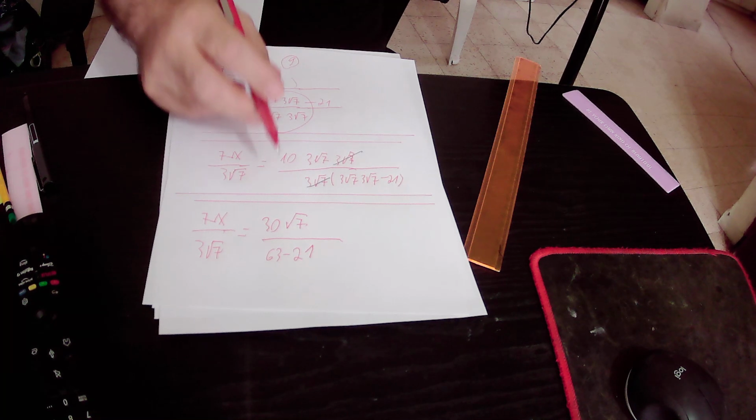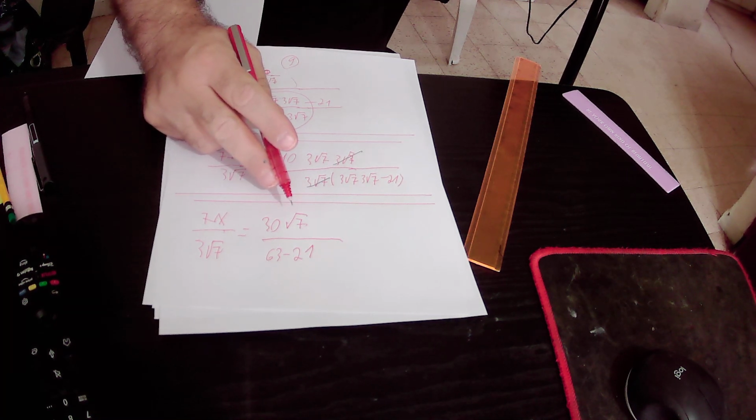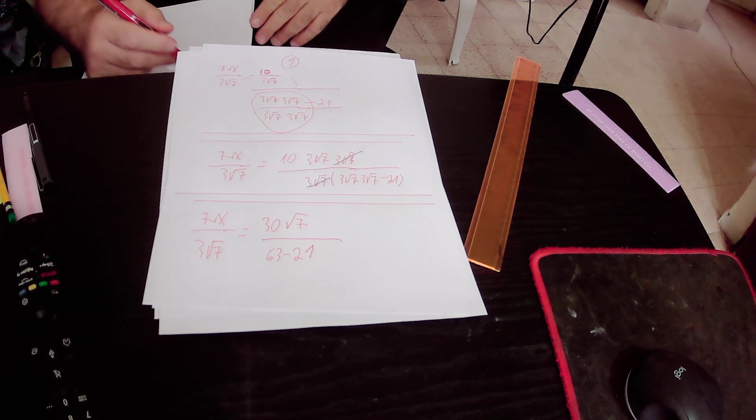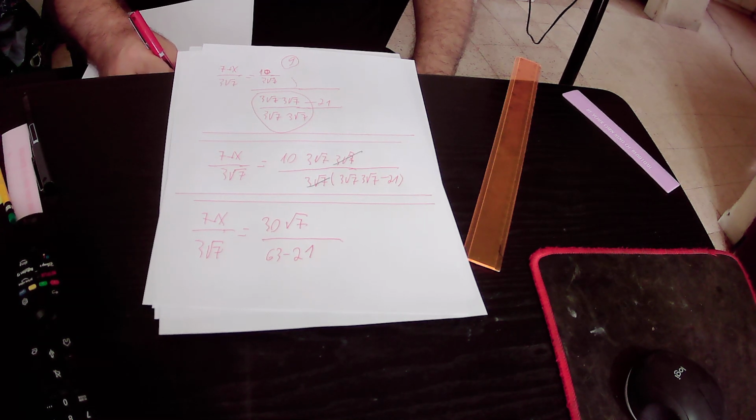So here we know that 63 minus 21 is 42, so I write it down. We have 7 plus x over 3 times root 7 equals 30 times root 7 over 42.